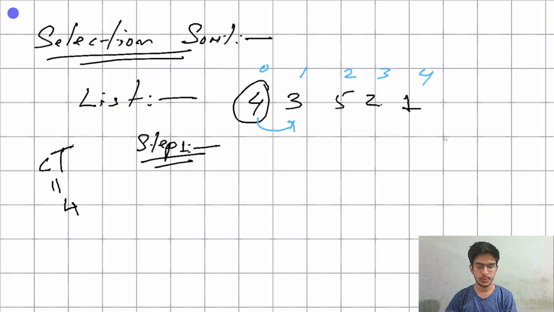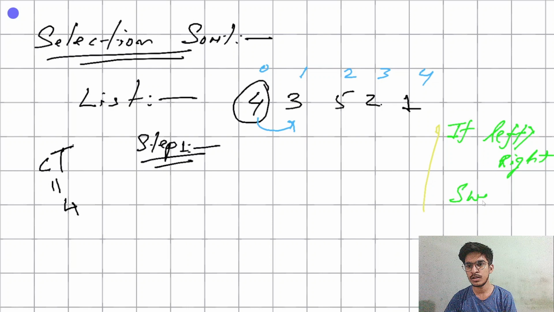So what is the condition we'll use here? If the left-hand side is greater than the right-hand side, then we'll swap the elements.